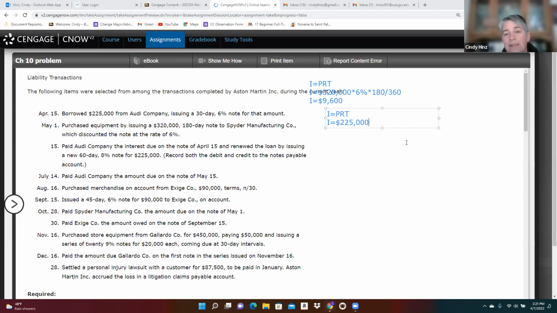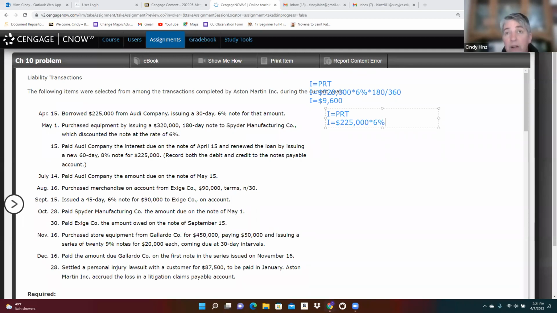This note was not discounted, so the interest is on top of that $225,000. The entry from April 15th included a debit to cash for the entire amount, and then the interest is on top of that. As I said, when we talked about it in class, if you were the borrower, you would prefer to have the interest on top of the face value.